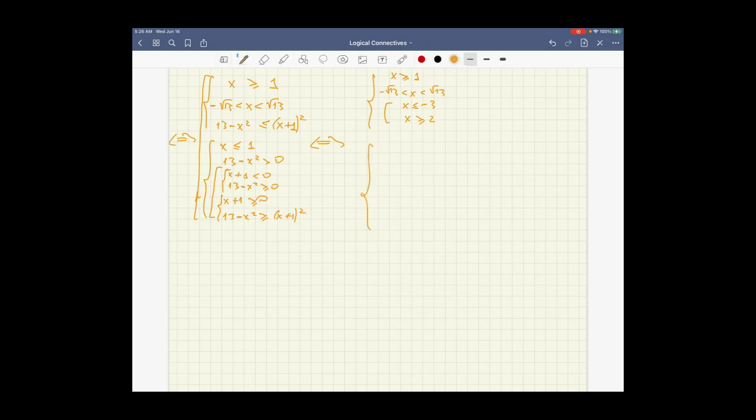Now, what does this system give me? Well, if we work step by step, we have x less or equal than 1.